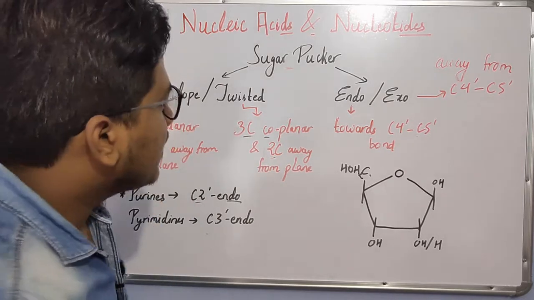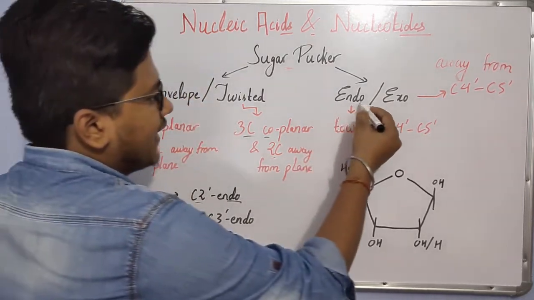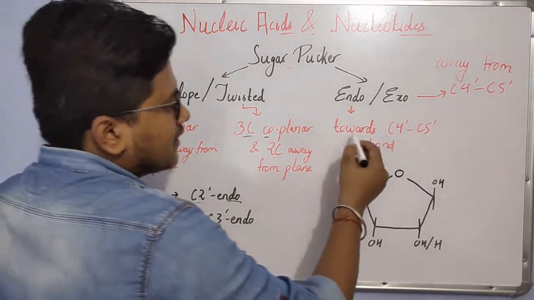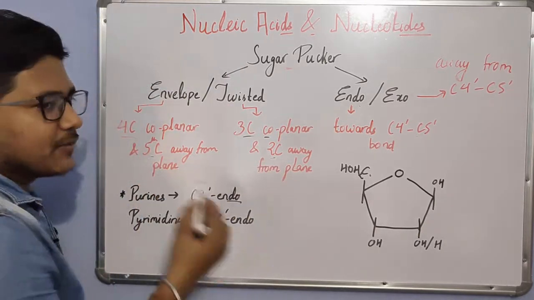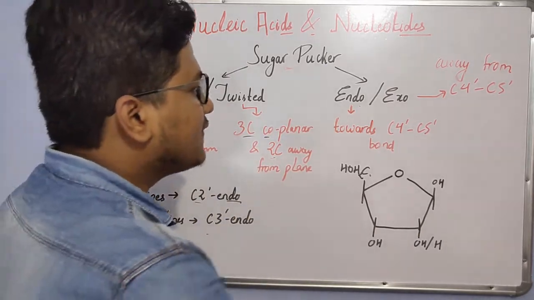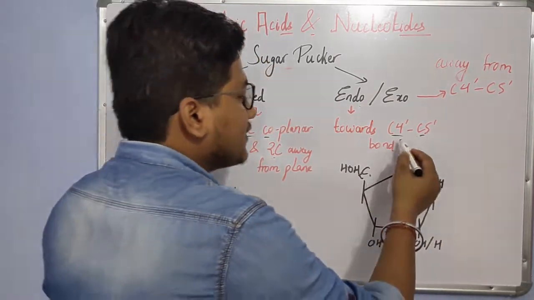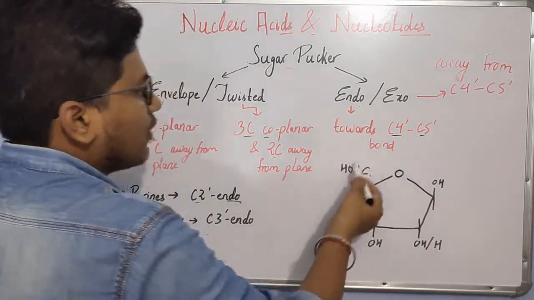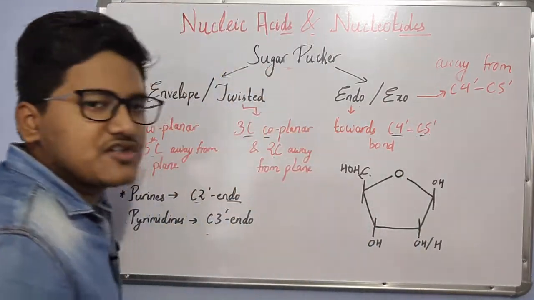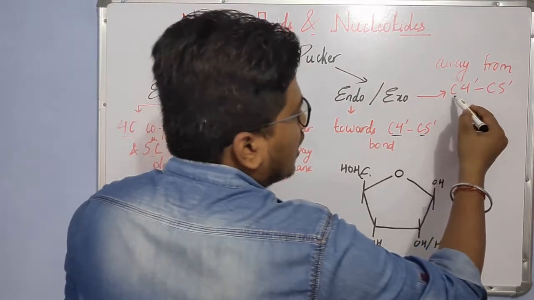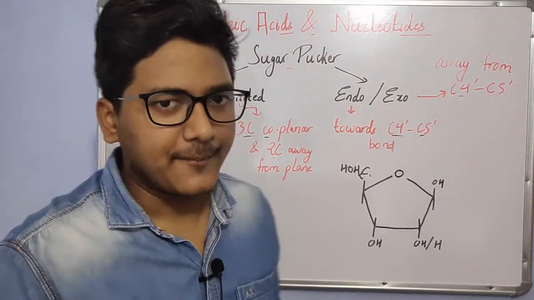Now, let's look into the endo and exo classification. In case of endo classification, the C3 and C4 that I have twisted, or those 2 carbons or the 1 carbon that is away from the plane, if they are directed towards the C4-C5 bond, then it is called the endo classification. Whereas if the ones which are not in the plane are directed away from the C4-C5 bond, they are called the exo puckering.